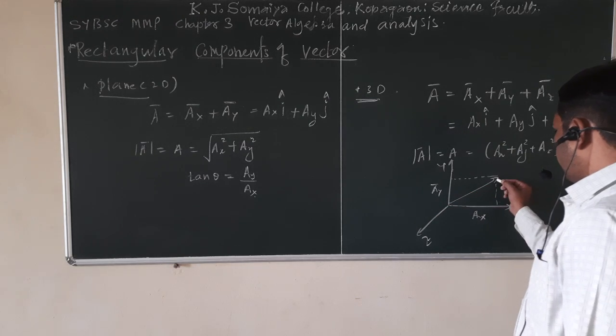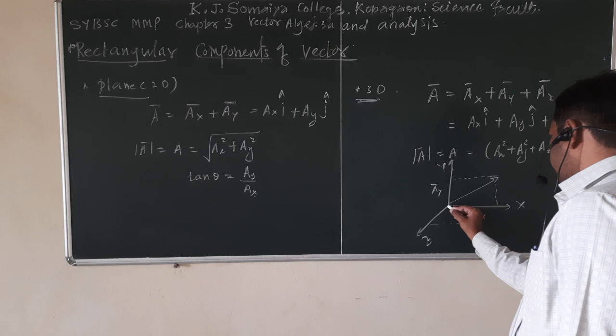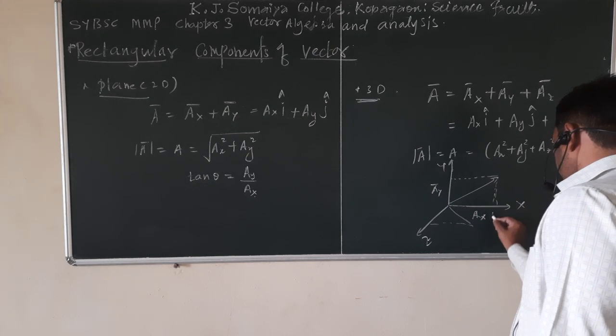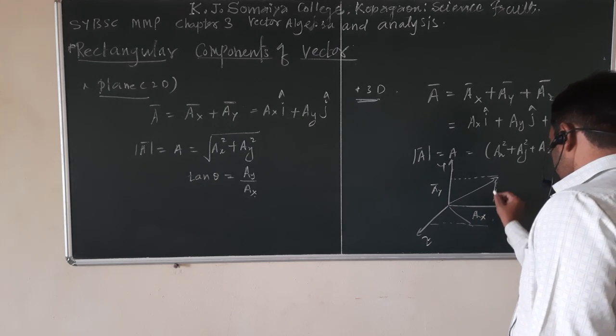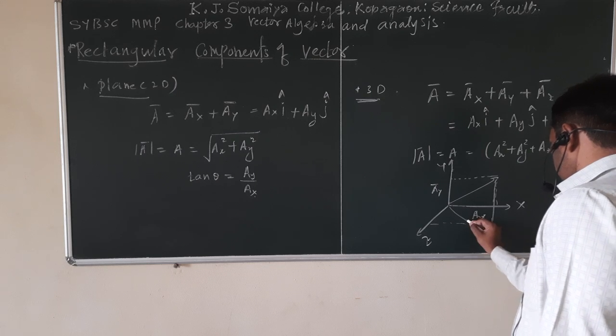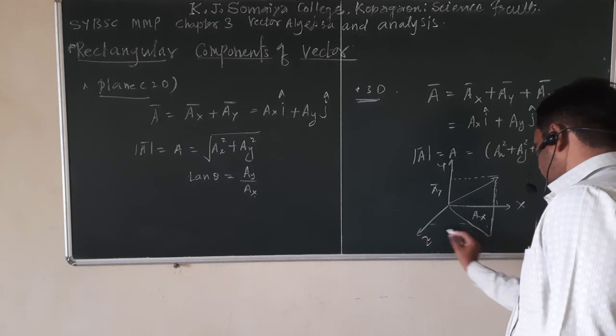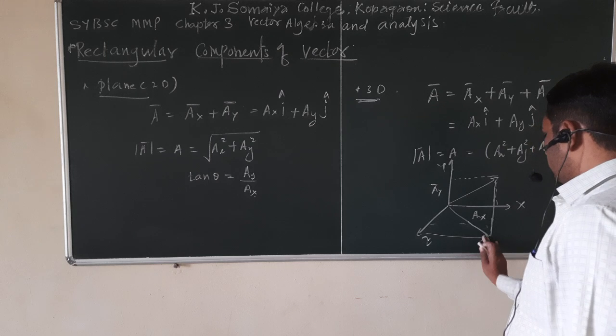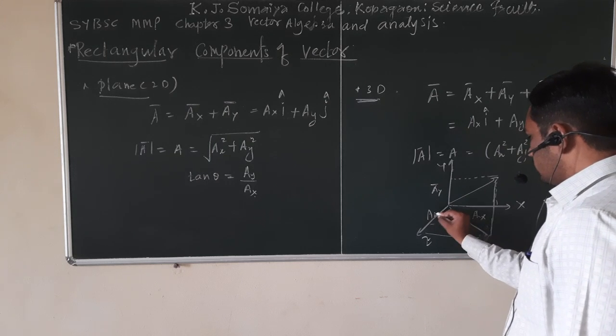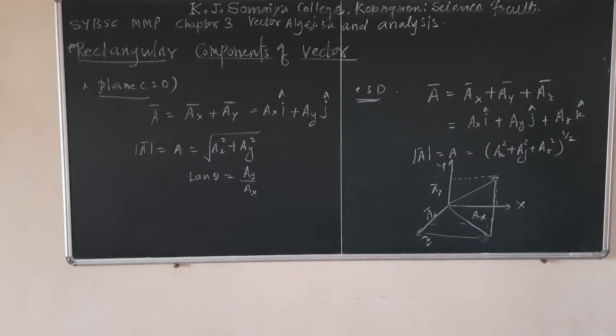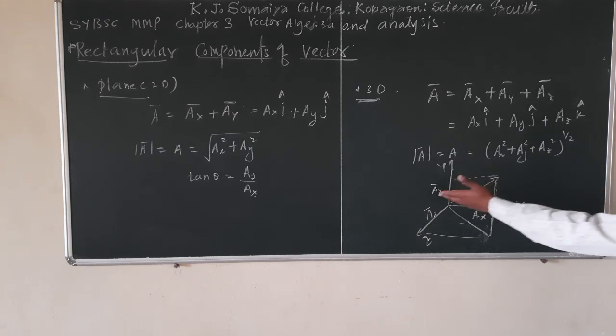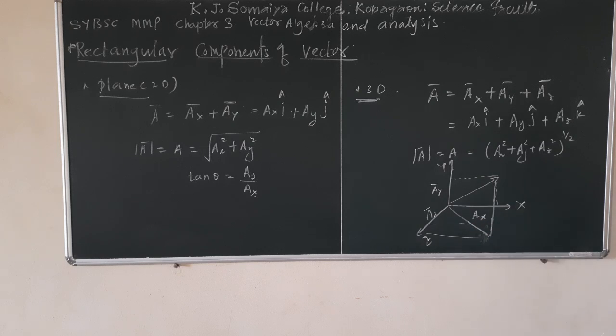So here we can show it like this. So vector Az is like this. In this way we can show the x, y and z components, by taking the projection of that vector along whichever axis we need the rectangular components.